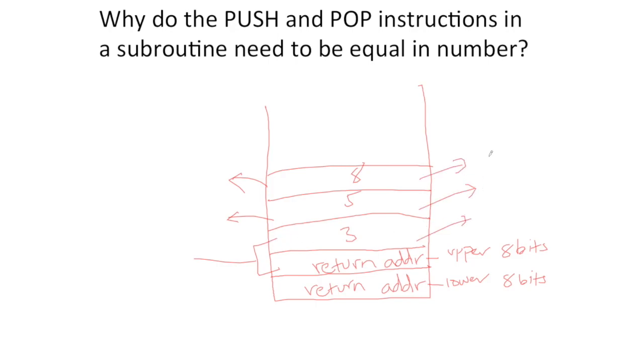If you have more pops than pushes, you would end up removing the return address from the stack, and your program returns to whatever the stack pointer ends up pointing to. So both these conditions are undesirable, because after your subroutine finishes, you are not going to go back to the original calling function. So it is very important that you ensure that your pop and push instructions are equally matched.